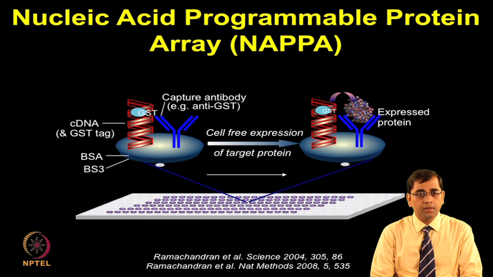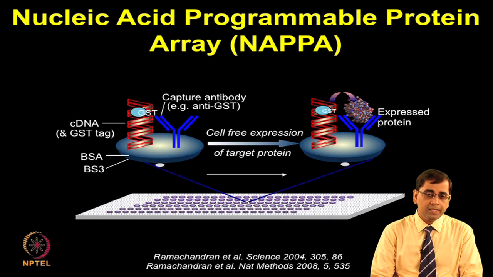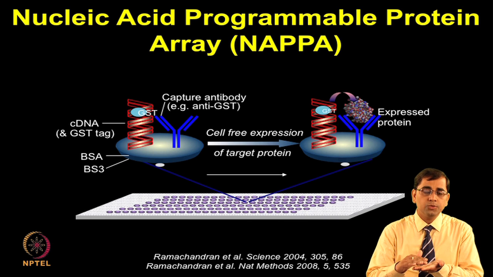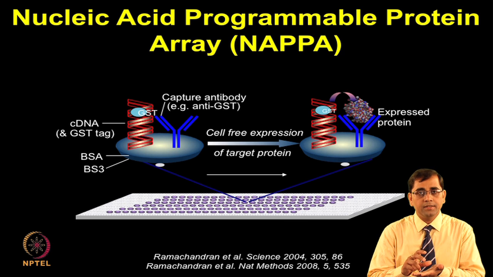Then you have bovine serum albumin BSA protein, capture antibody such as anti-GST and BS3 cross linker. In the NAPPA approach, plasmids encoding the target protein are fused with an affinity tag and those are fixed to the array surface. The array surface is activated by addition of cell-free expression system.